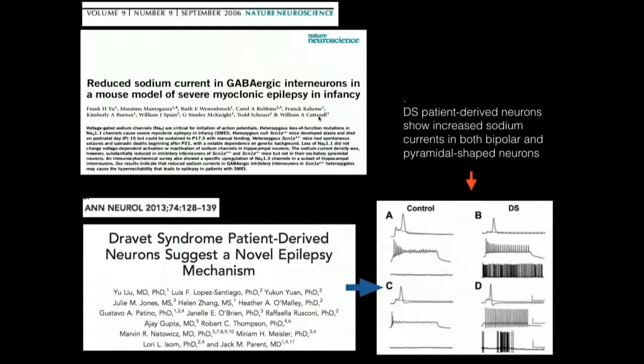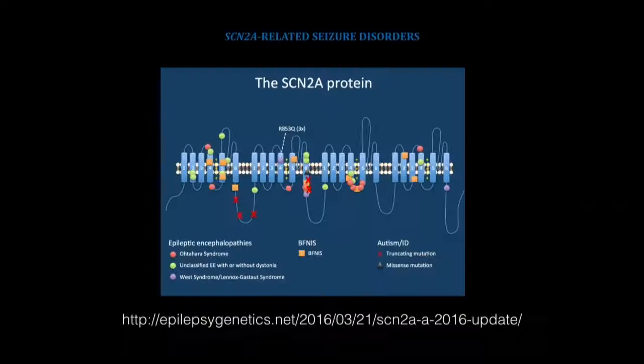So loss of function in GABAergic inhibitory interneurons makes the excitatory neurons hyperexcited and able to generate different types of seizures. This is certainly easy to understand and makes sense, but studies with iPS-derived cells have not produced conforming results, so it is still not well understood what the basic mechanism is.